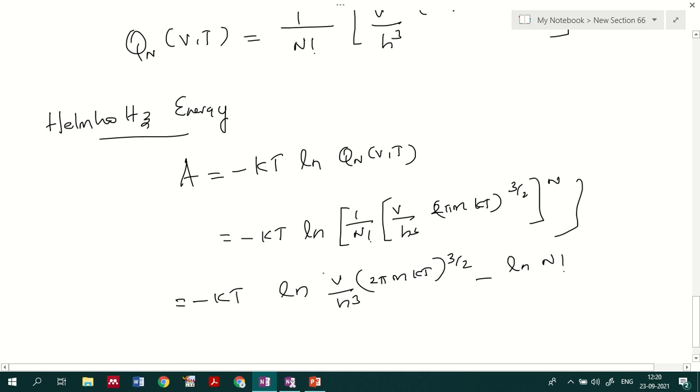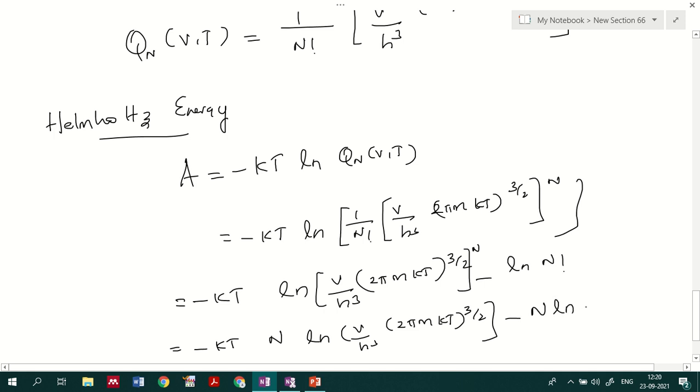Okay, so here one more term will be raised to n. So that is minus kT into, when you are taking the logarithm, n ln of (V by h cubed)(2 pi m kT)^(3/2), minus ln n factorial, which I can expand as n ln n minus n.